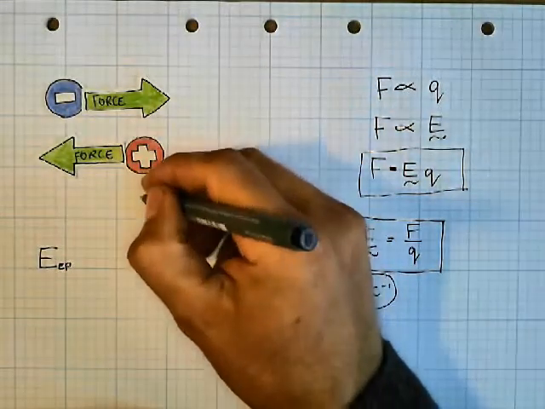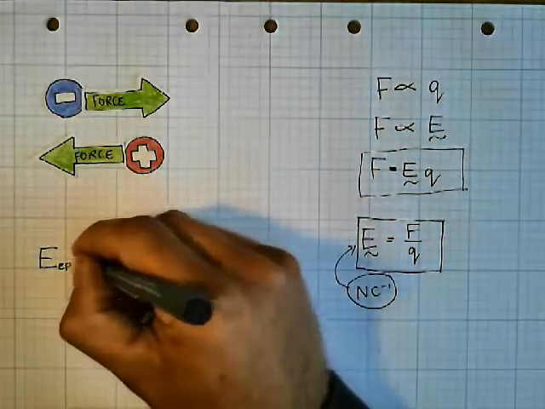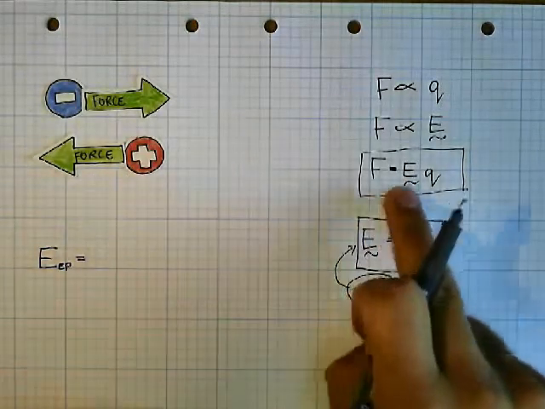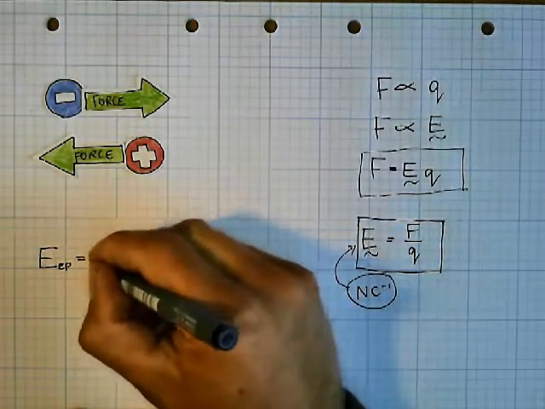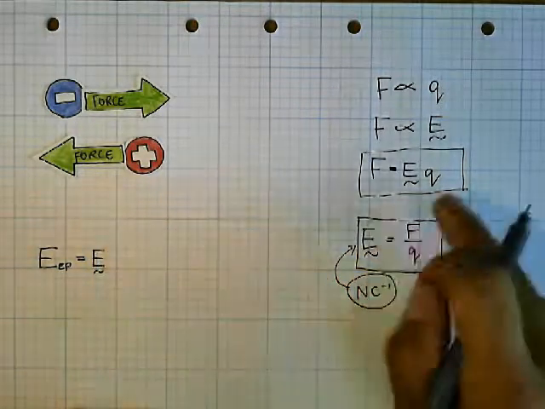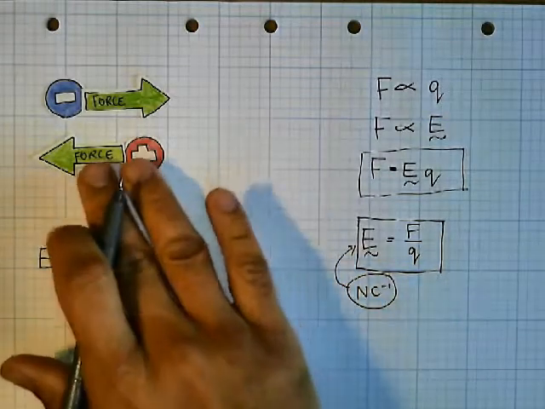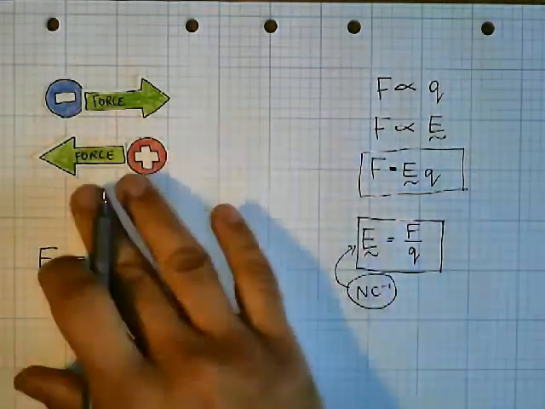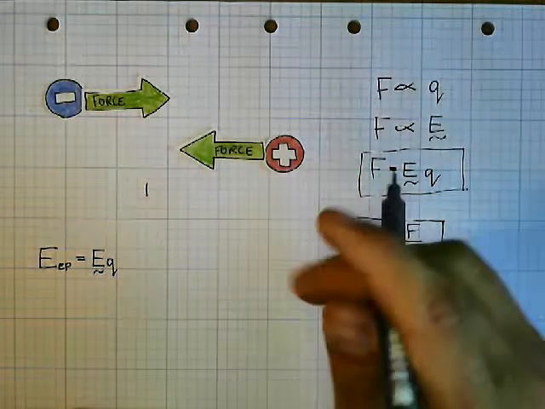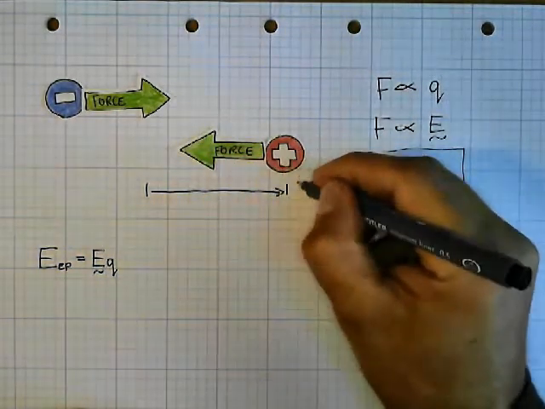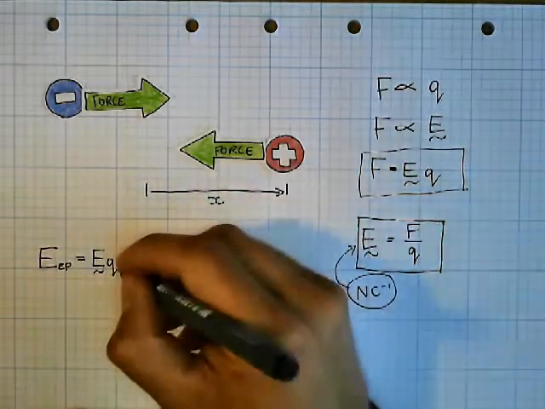And the amount of electric potential energy gained is equal to the force overcome, which can be calculated by multiplying the electric field strength by the charge of the particle and multiplying it by the distance that that charged particle moves. We usually call this distance x.